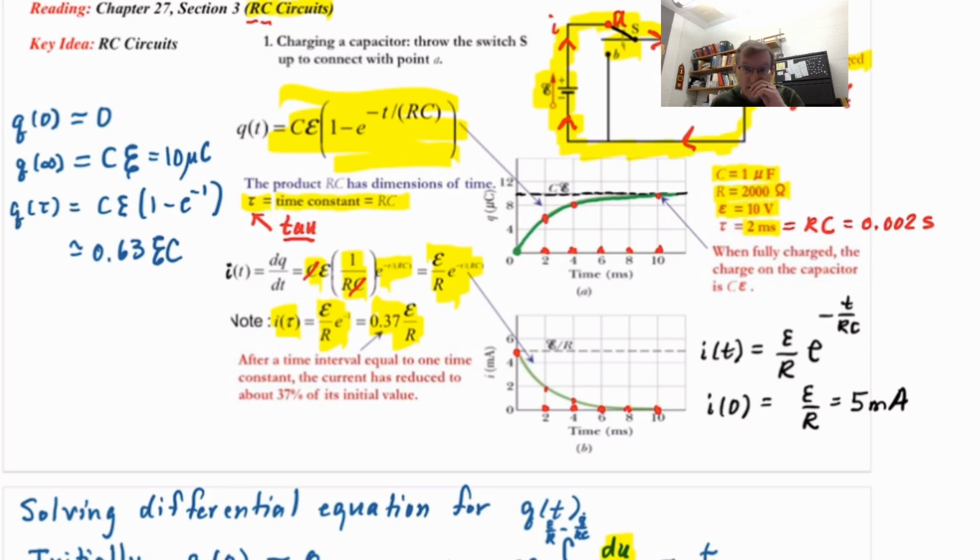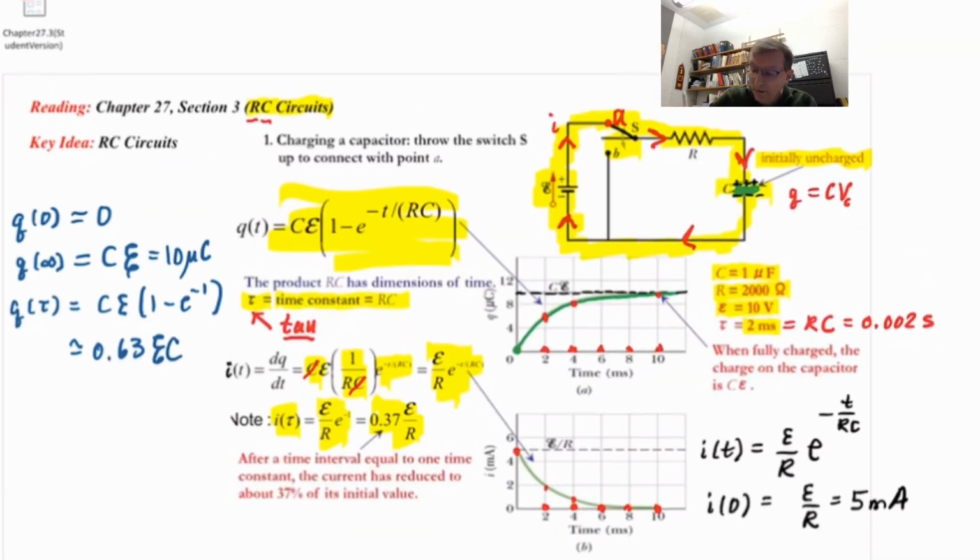One more thing that's often useful to know. What's the potential difference across the capacitor as a function of time? In other words, what if we were to have put right across the capacitor the leads of a voltmeter and measure the potential difference in volts across the capacitor?